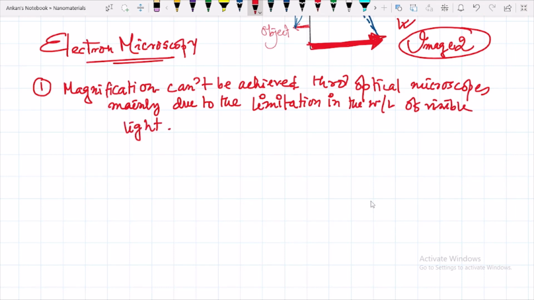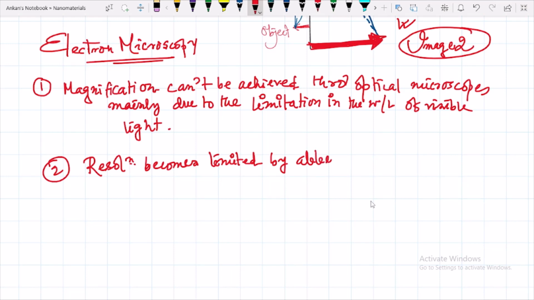And the second one is that the resolution becomes limited by aberration and diffraction.